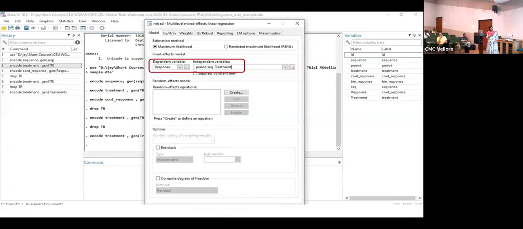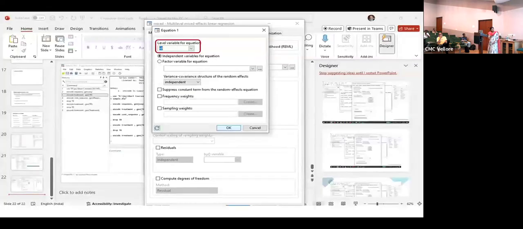Then, this is where you are providing your response variable, whatever your response is. And here you're giving your treatment and the sequence, which is talking about the interaction term. Here I've just shown it because I put everything together. But ideally, the first thing is to look at only sequence and see if it's significant or not. Then what is really important is the next step, where you say what is the level that is actually to be correlated. So here it's the individual, the ID.